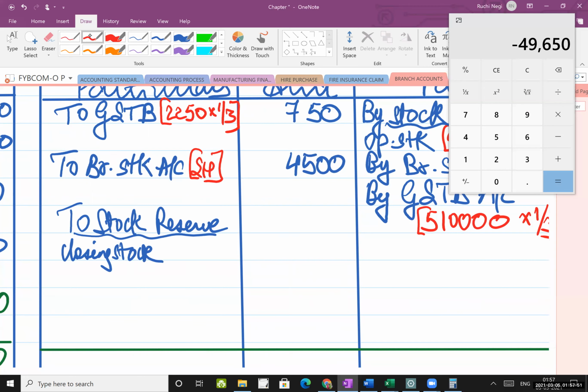Okay, calculate the difference. 49,650 into 1 divided by 3. Divide this with 3. So my answer is 16,550.